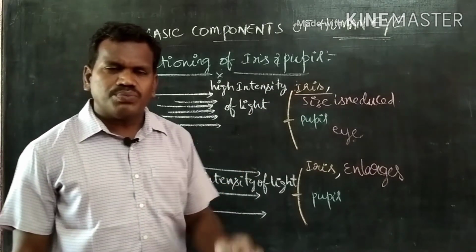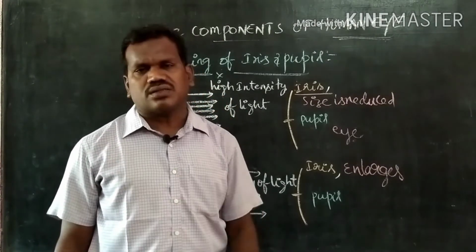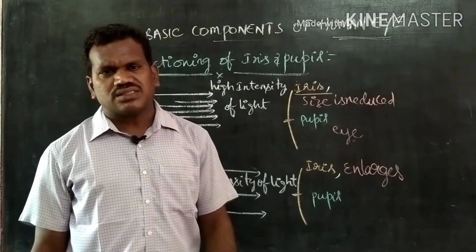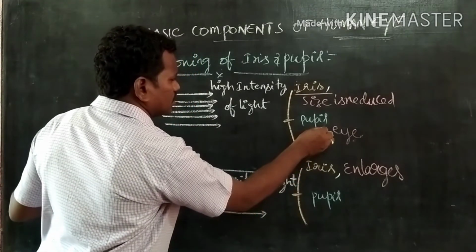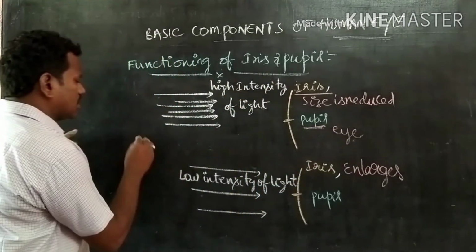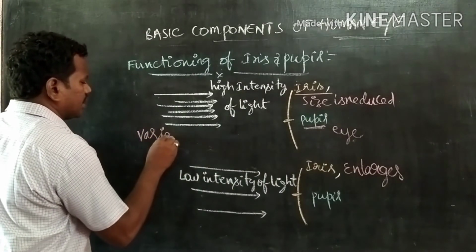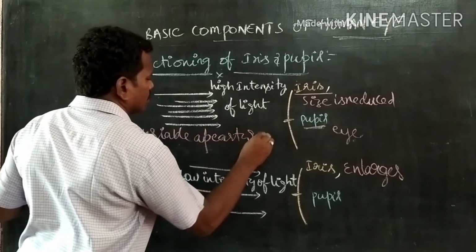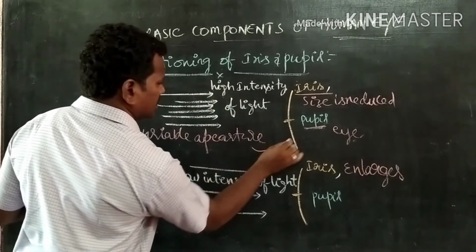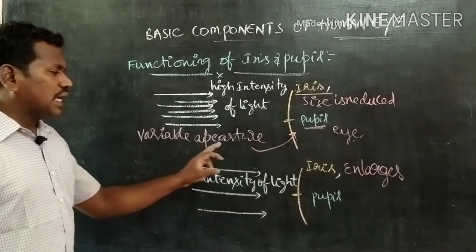We already said the pupil is a very small one, a pin size, and its size is changing. For that sake only, the pupil is also called a variable aperture.